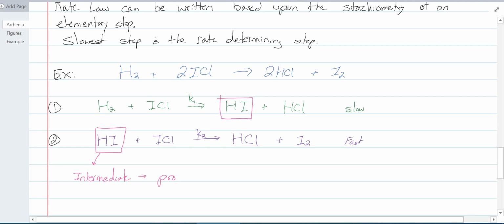Which means it's produced in a reaction in an early step, and then consumed in a later step. So intermediates are produced and consumed.